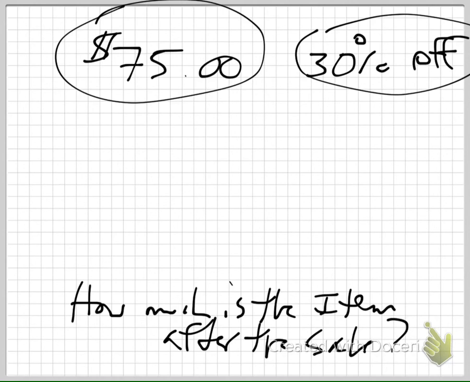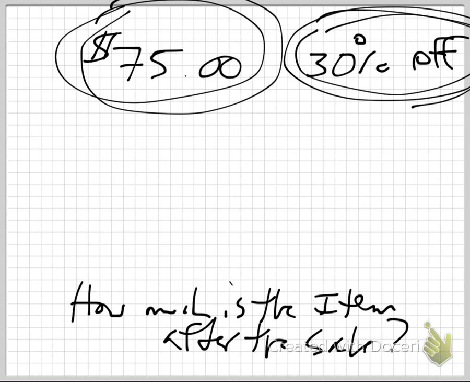How much is it after the discount? So if I figure out what the discount is, 30% off of 75, is that how much it costs? I just come up with a number and that's the number? No, what do I have to do? You have to subtract it from the original amount, right?